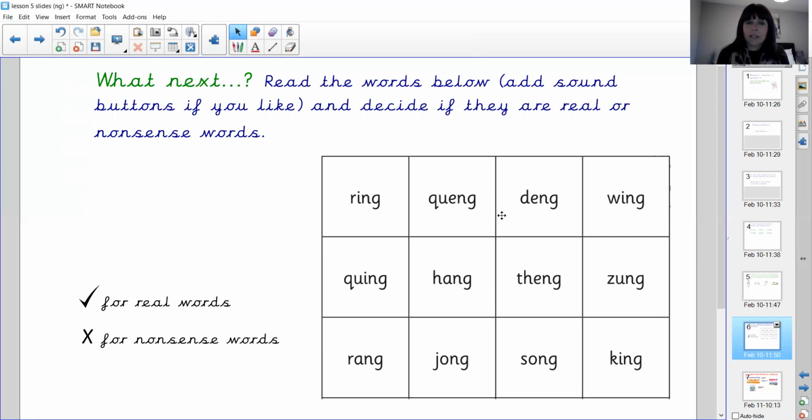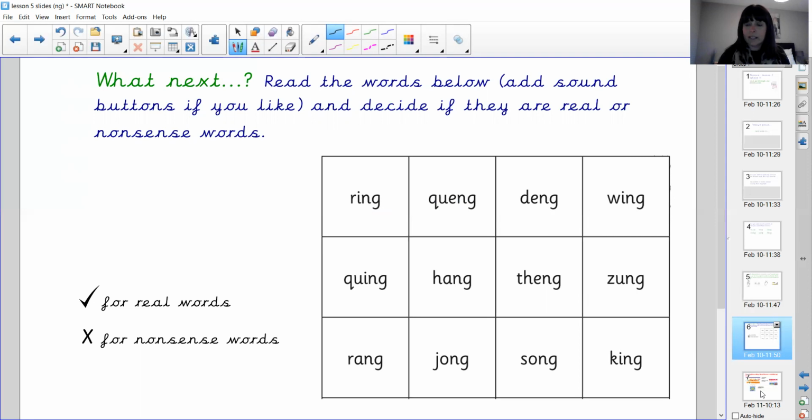So our real words, we can give them a tick once we've put the sound buttons on and then read it back to ourselves. If you decide that's a real word, you can put a tick in the box. If you think it's a nonsense word, just like it shows down here, we'll put a cross in the box. And then go through each of those words, having a go at writing the sound buttons, reading it to yourself and deciding if it's a real or nonsense word.